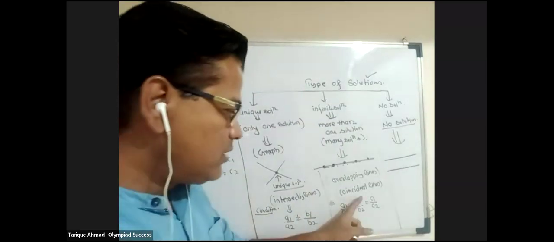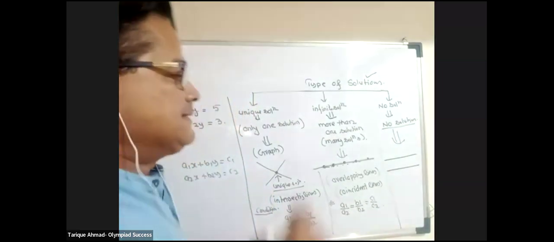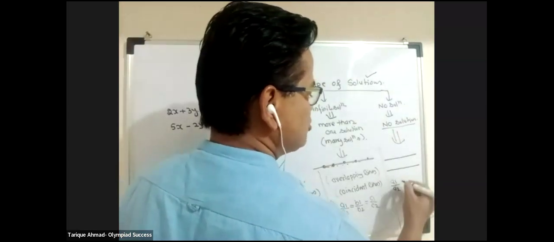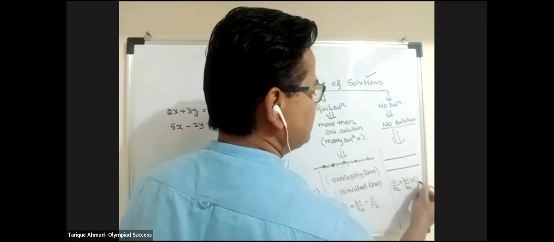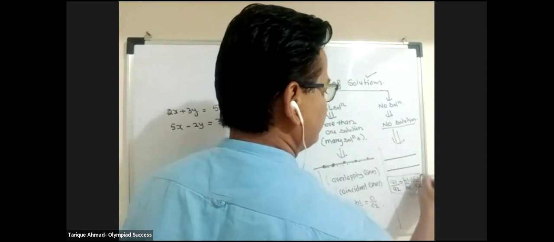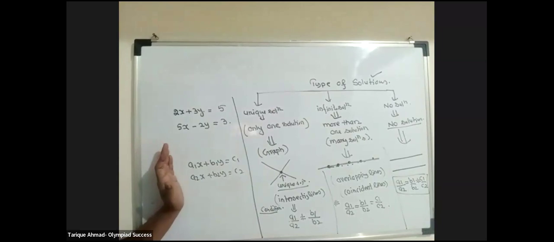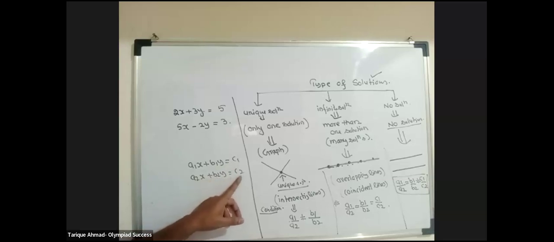For no solution, the condition is A1 by A2 equals B1 by B2, but these two should not equal C1 by C2. Here, the coefficient of x is A1, the coefficient of y is B1, and the constant term is C1. Similarly, A2, B2 and C2.